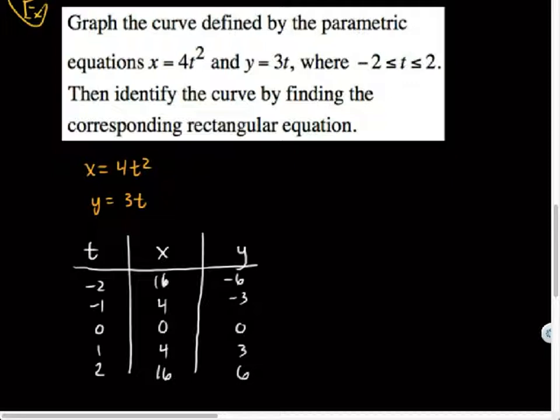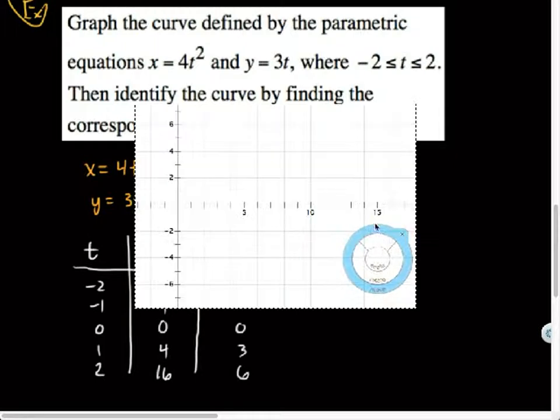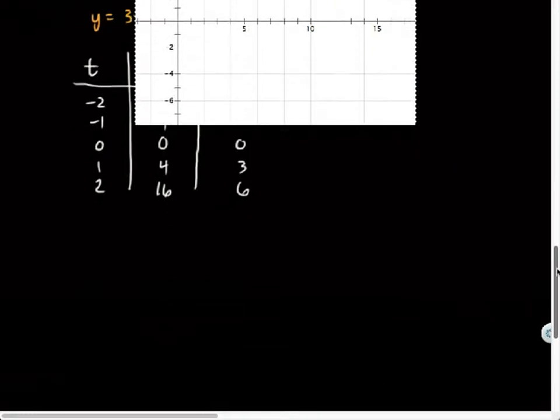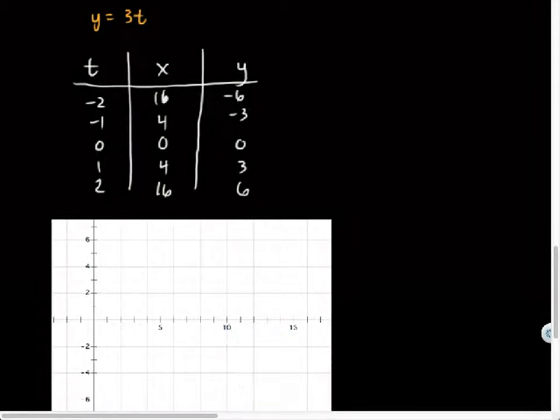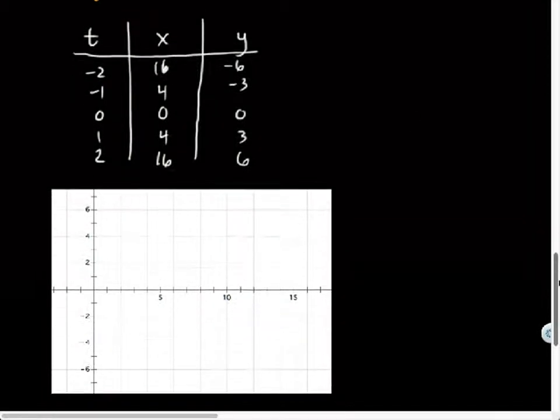So, there we go. Now I got my snapshot. I'm going to make this little grid here. And so, I'm just going to plot these points.